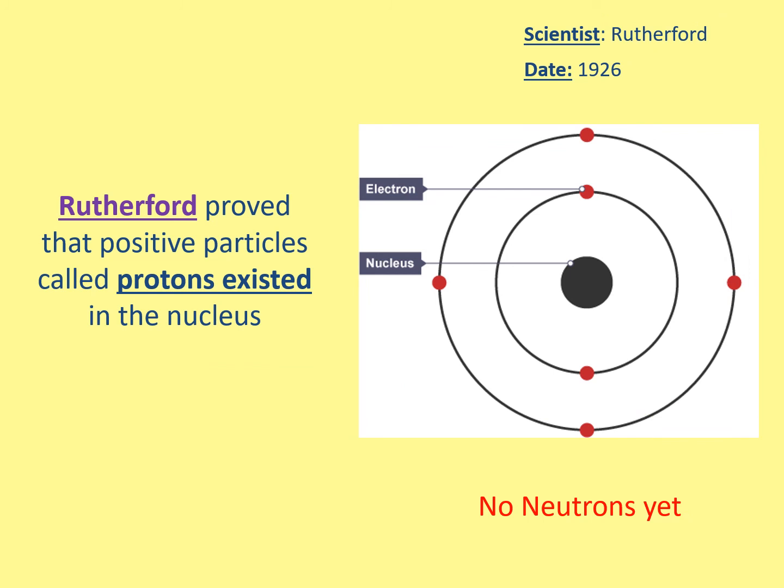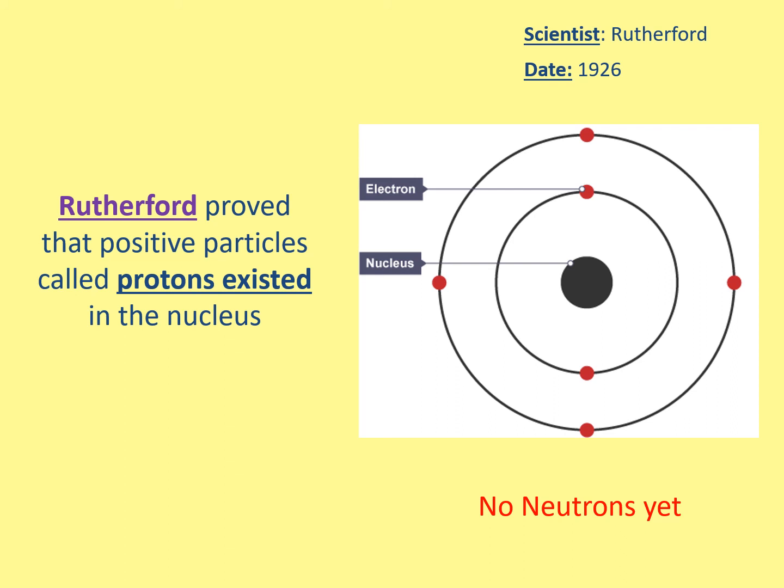Next, Rutherford was the same scientist who did the alpha particle scattering experiment, and discovered that protons existed. Now, neutrons hadn't been discovered yet, but protons had. And you might think it's interesting that electrons were first and then protons and then neutrons. But if you think about it, it makes sense because neutrons are not charged, so it's much harder to detect them.